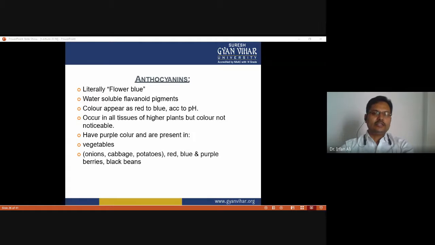It occurs in all tissues of higher plants, but the color is not noticeable, and they have purple color, and are present in vegetables like onions, cabbage, potato, red, blue, and purple berries, black beans. All these have anthocyanin in different concentrations.